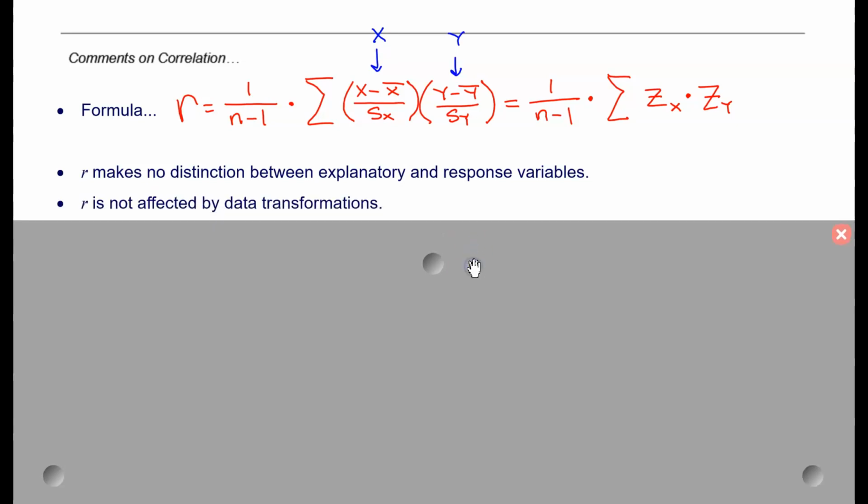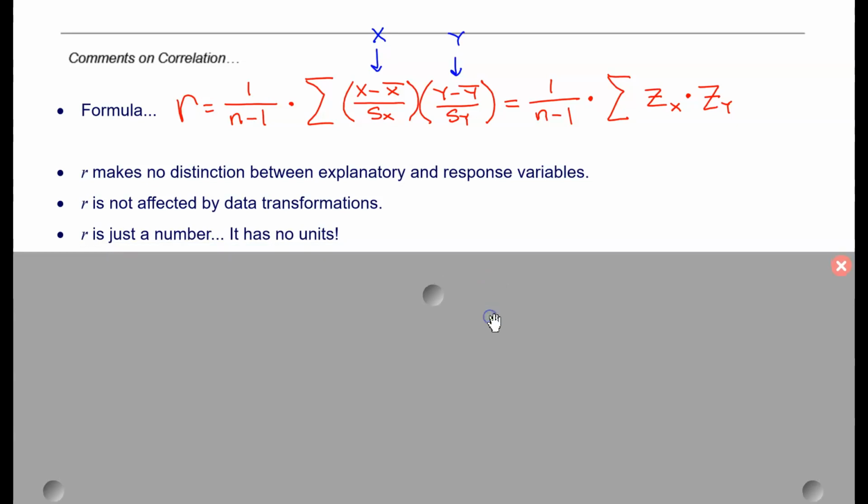Another fun fact: R is not affected by data transformation. So if I'm measuring something in pounds and then I change that to kilograms, my correlation should be the same. R is just a number. It has no units. So we would never say something like, oh, the correlation is 0.85 meters per second. That's absurd.